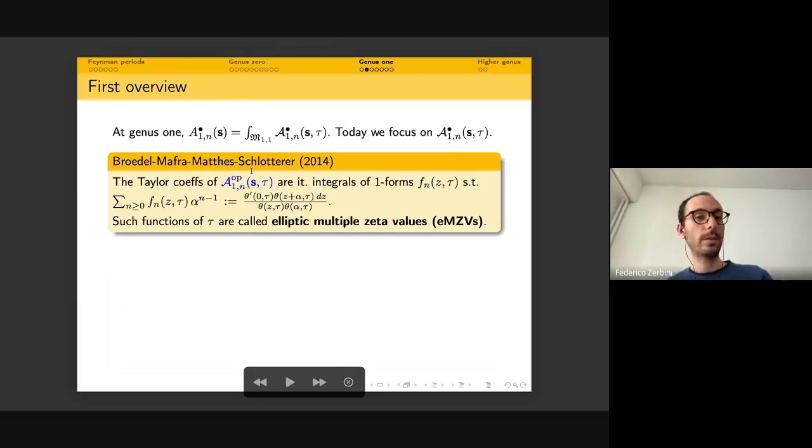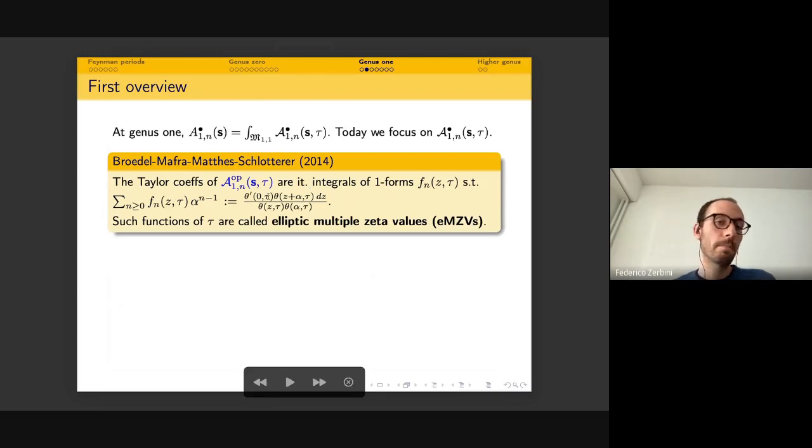And it turns out, so this was demonstrated by Broedel, Mafra, Matthes, and Schlotterer, at least in the 4 string case, I think, that the coefficients are given by iterated integrals of one-forms defined in the following way. So this seems a rather complicated definition, but this is not so complicated after all. This is just the Riemann theta function, the odd Riemann theta.